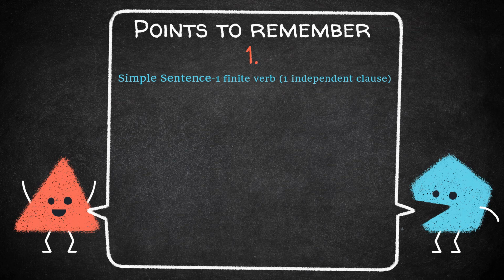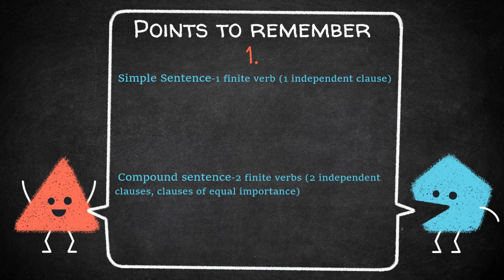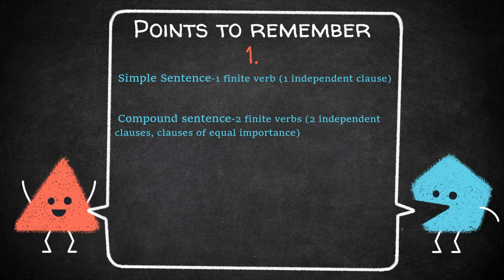Okay. Now let us understand what a compound sentence is. A compound sentence is a sentence with definitely two finite verbs. It could be more than that also, but it would necessarily have two finite verbs.